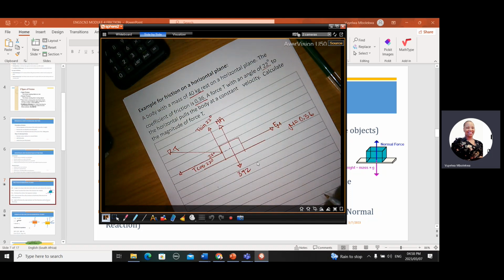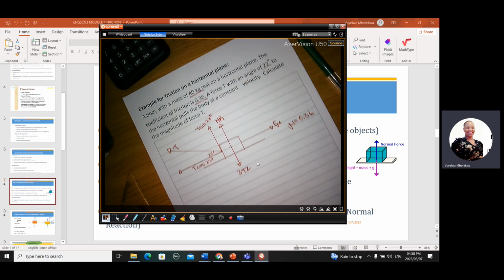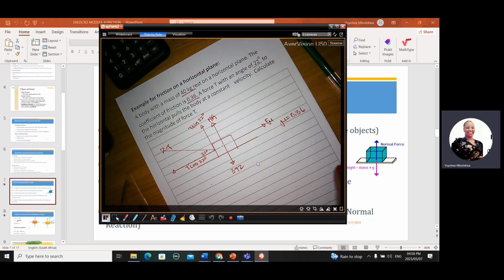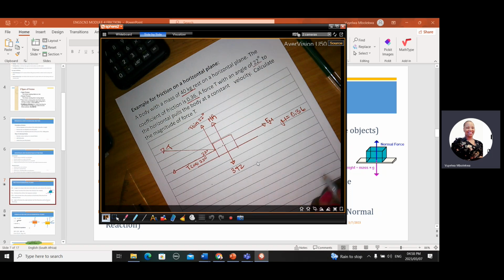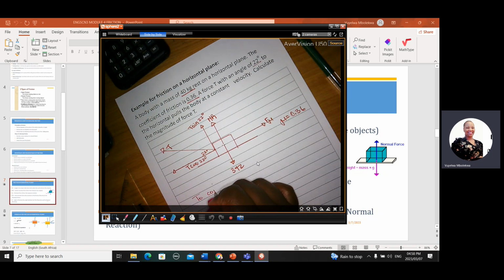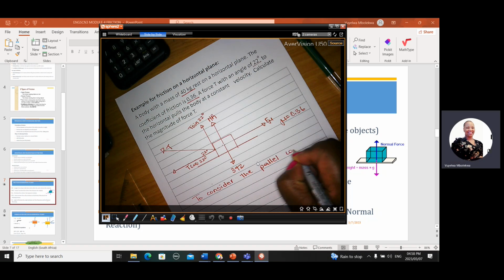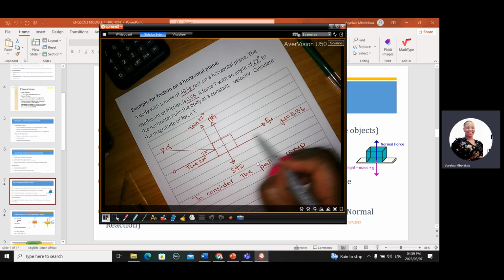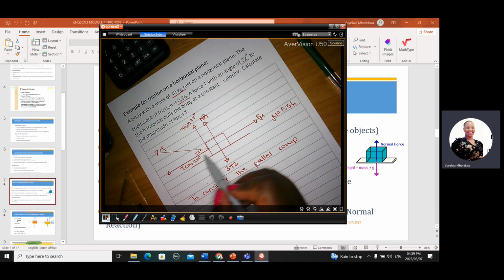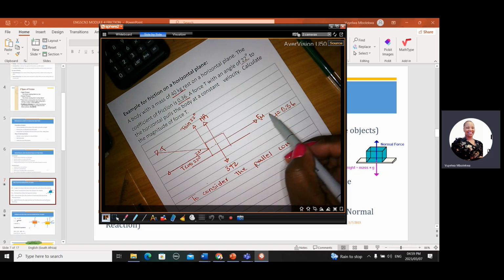With those, now we can calculate. The question says we must calculate the magnitude of force T. I like to consider the parallel components first. It just makes sense to me to do that. Consider the parallel components, which are the components parallel to the plane. So if you consider those parallel components, we will say forces this direction are equal to forces that direction.